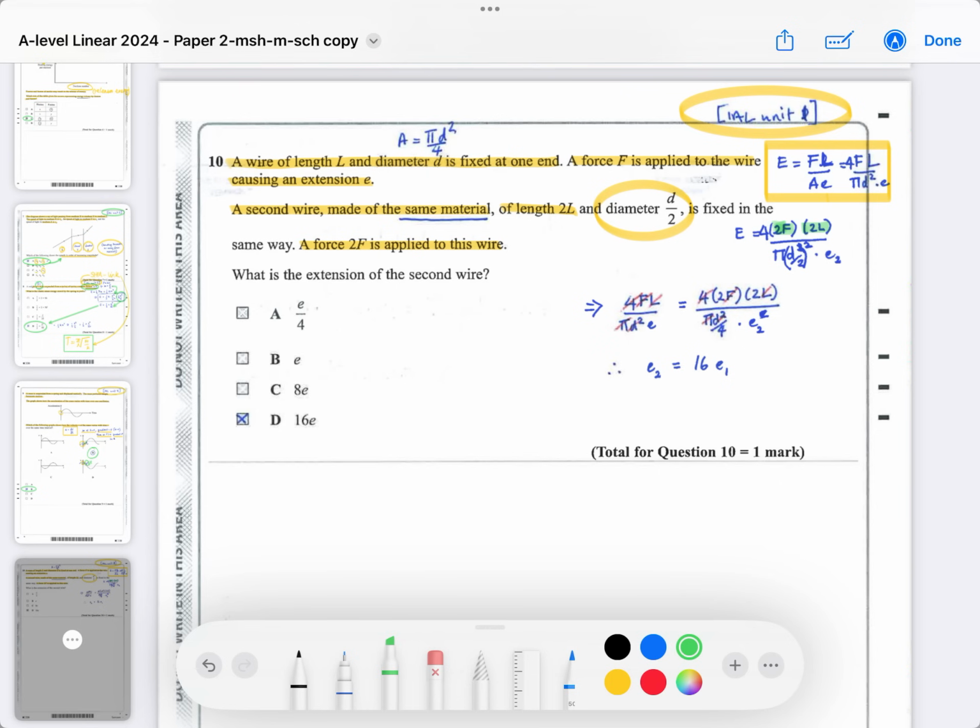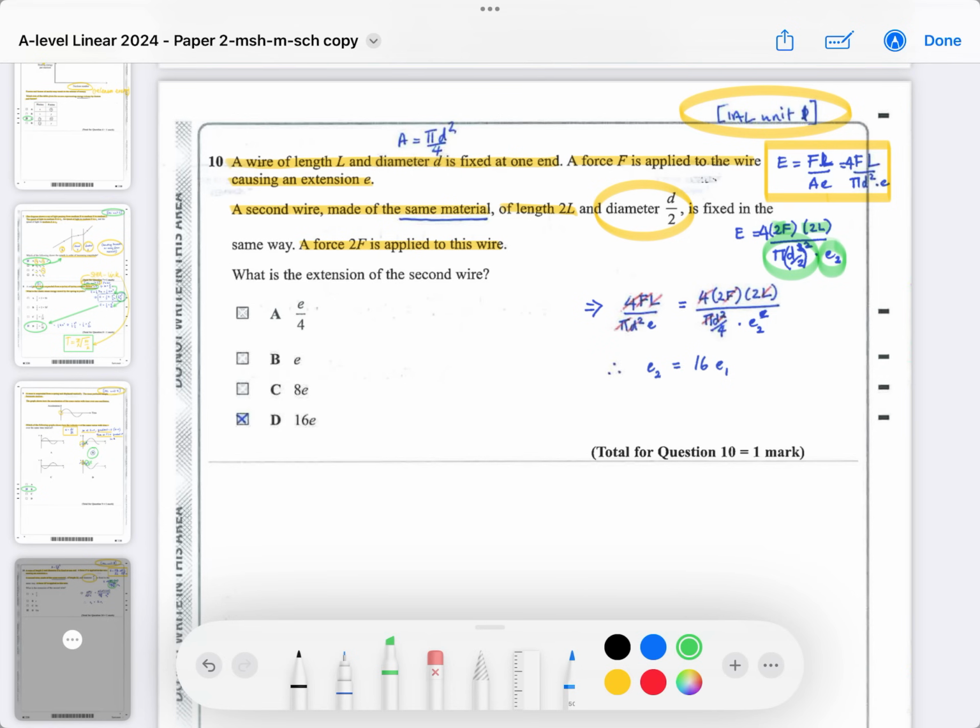And then it's pi d squared over 4 for the area. And the area is halved. So it's pi d squared over 4 divided by 2 again. So that's going to be over another 4. So 4 is going to go on the top. That's where the 4 comes in. And the extension E2 is what we want to find out.